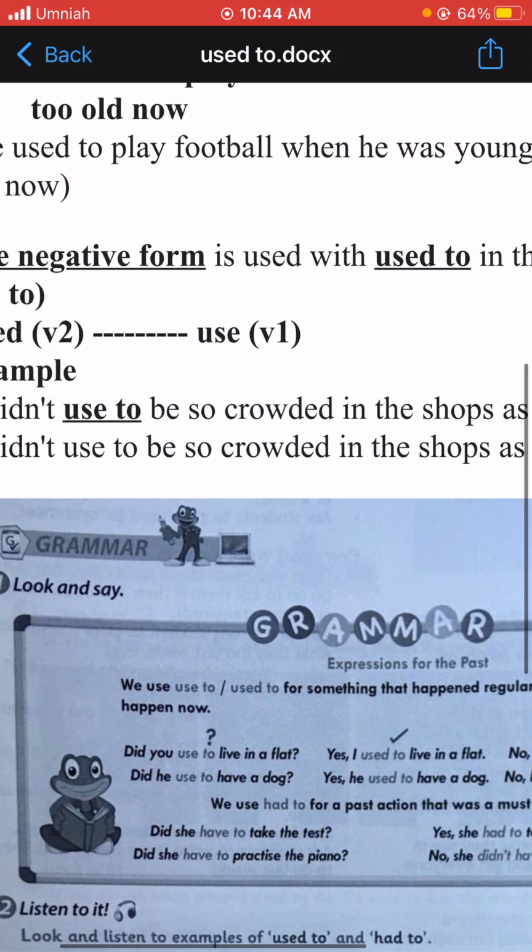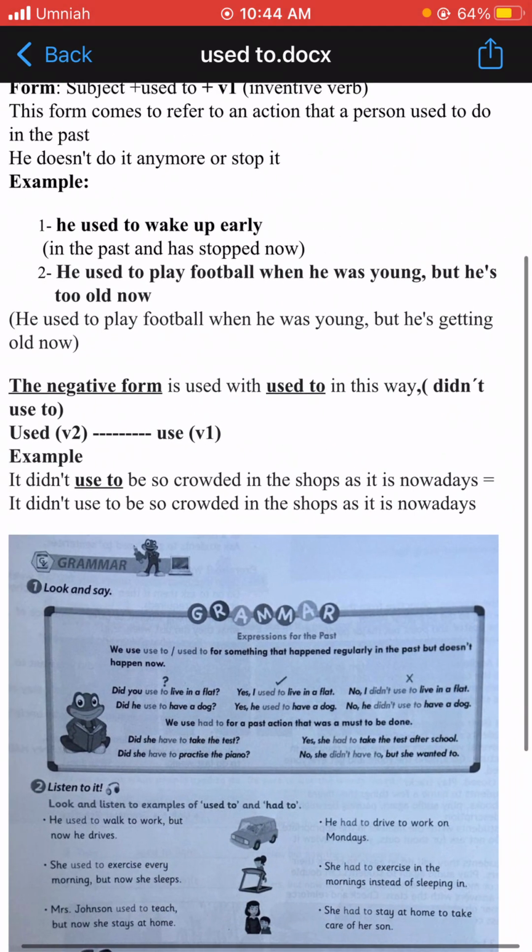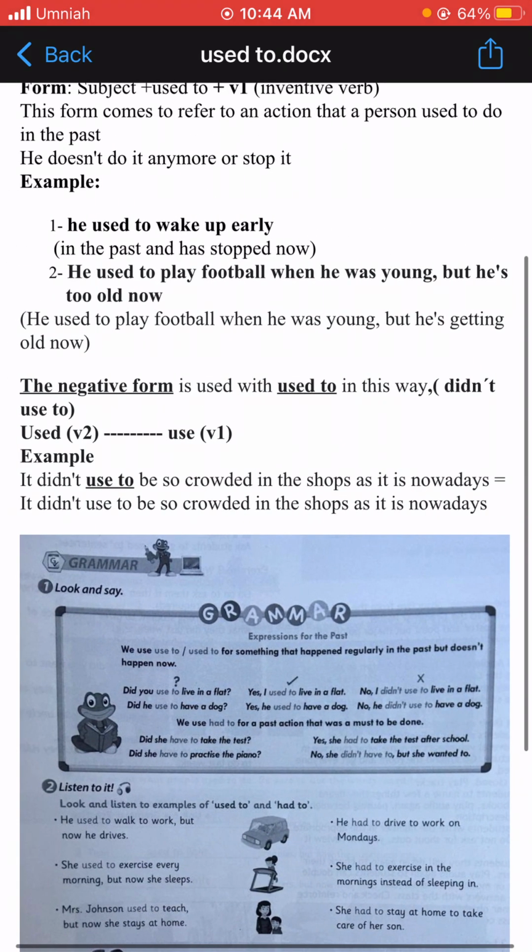It didn't use to be so crowded in the shops as it is nowadays. Focus on this sentence, please. It didn't. So what do we have after didn't, used to or use to? Excellent. We have use to, not used to, because here we have didn't, and after didn't we have verb 1.